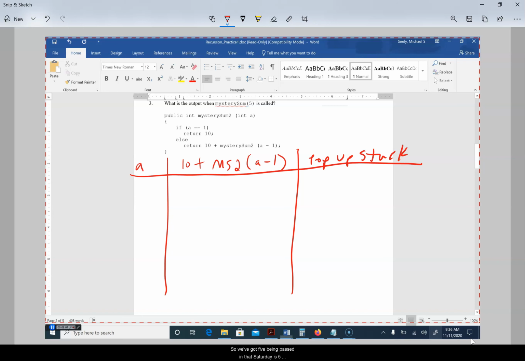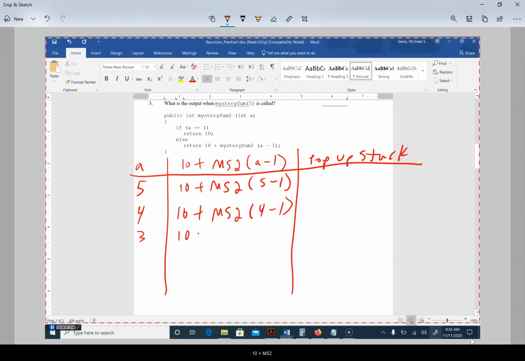Okay. So we've got 5 being passed in, that's A. Is 5 equal to 1? No. So then we do 10 plus MS2, 5 minus 1, which is 4. So 10 plus MS2 is 4 minus 1, which is 3.